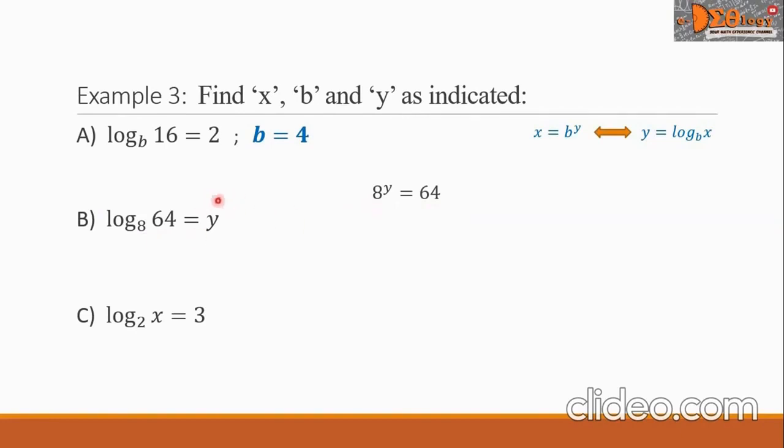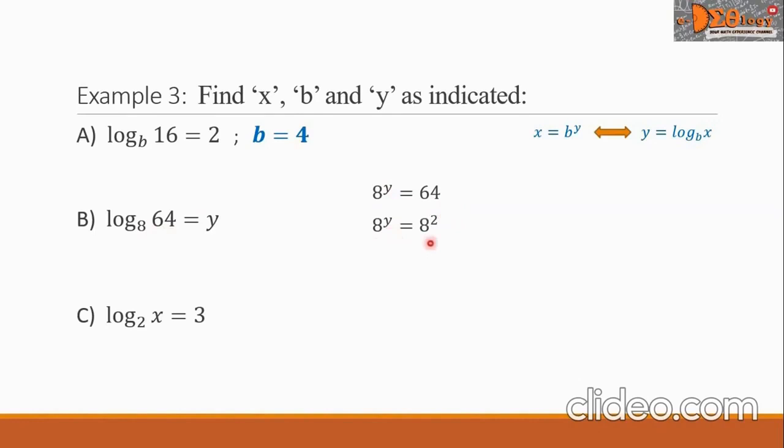And this y is the exponent that I can use here. So 8 raised to y. And this is equal to this number 64. And I know this 64 is equal to 8 squared. So I have now 8 raised to y equals 8 squared.